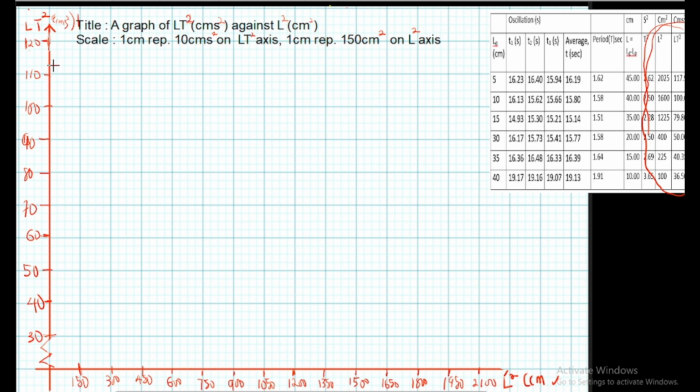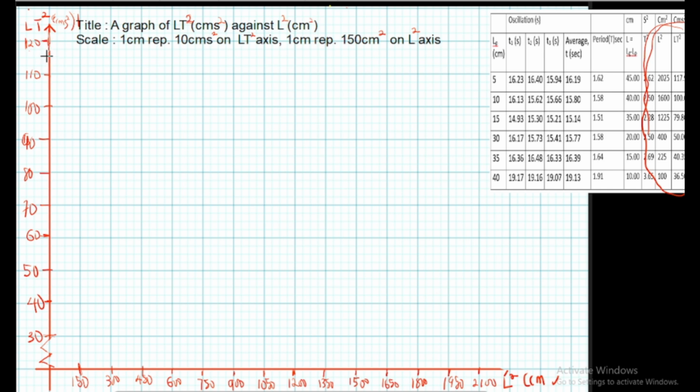Now remember I said you're supposed to have 4 thin lines in your actual graph paper, which will give you 5 boxes within a big box. But let's assume it's 5 here, though what we have here is 4. So we'll divide by 5. From 110 to 120, our interval here is 10.